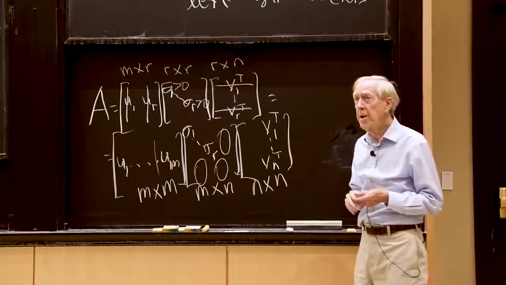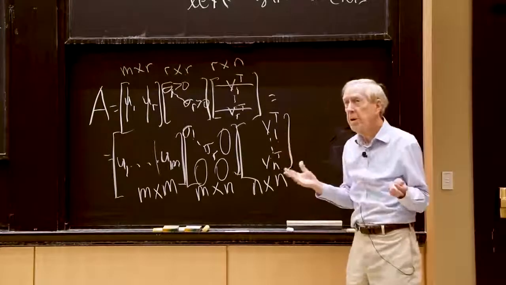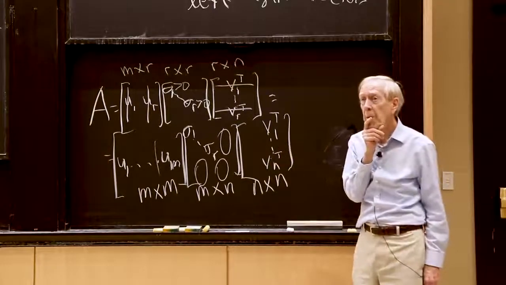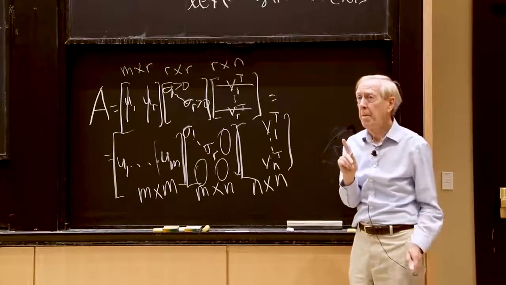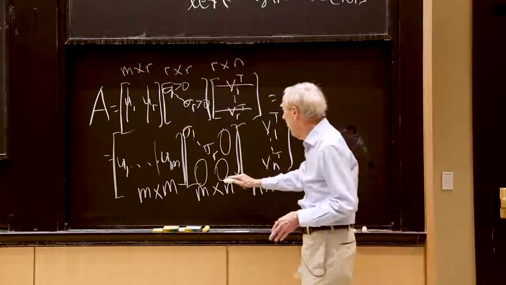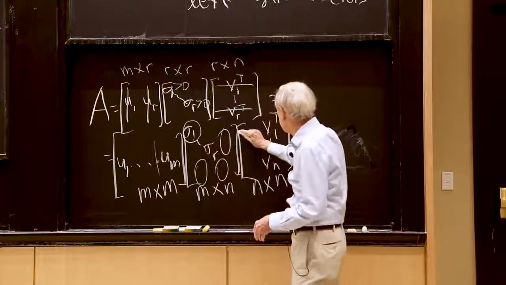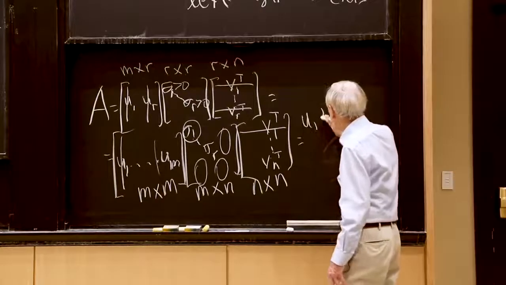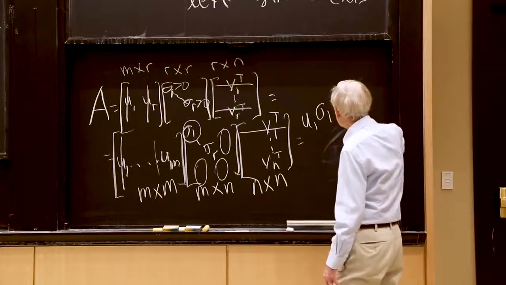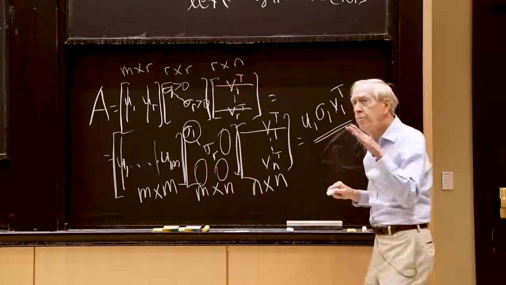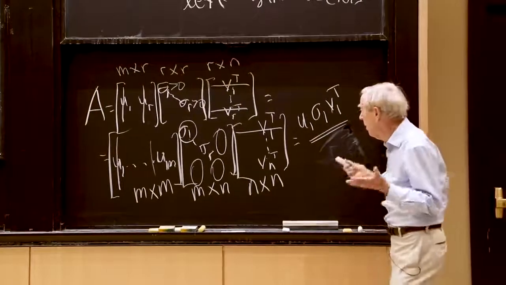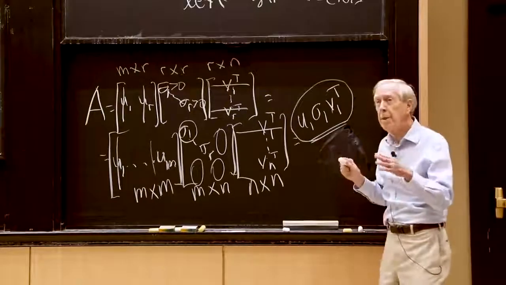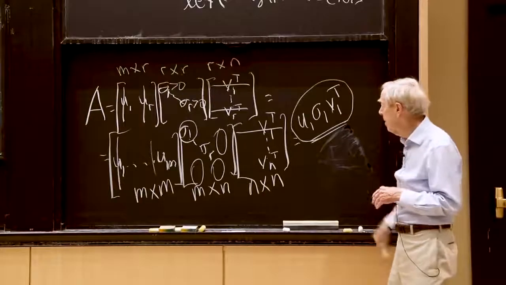No one is bigger than another one. But here, which is the most important number? Sigma 1. So the part I pick out is this biggest number times its column times its row. So U1 sigma 1 V1 transpose is the top principal part of the matrix A. It's the leading part, the biggest rank 1 part of the matrix.